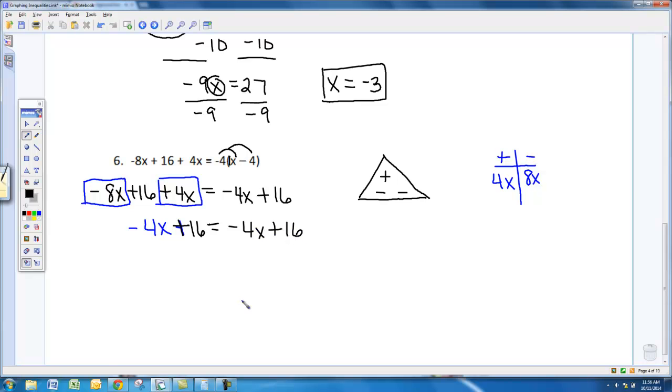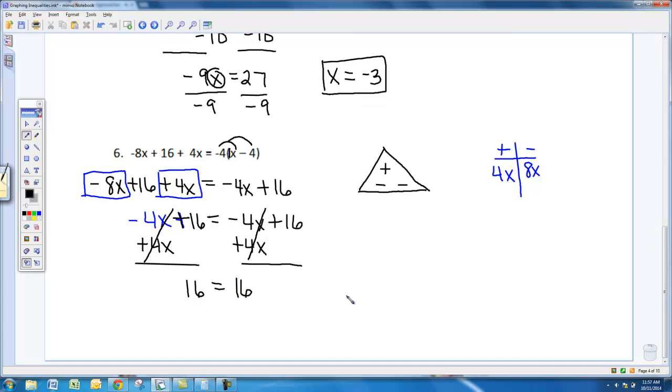Now we need to get our variables to the same side of the equation. So we want to cancel out the -4x from the left side, so we'll add 4x to both sides. Notice that when we do that, -4x and +4x cancel out over here. We bring down 16. -4x and +4x also cancel out over here, and we bring down the 16.